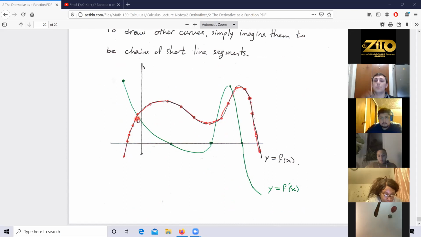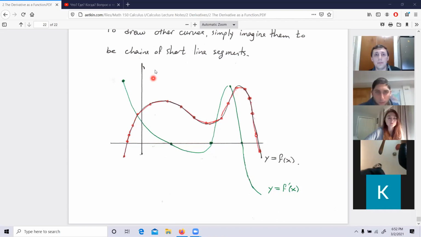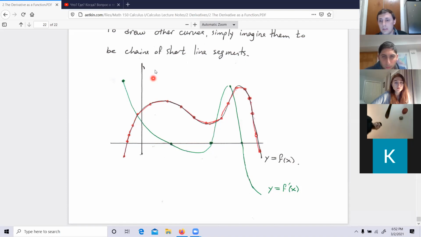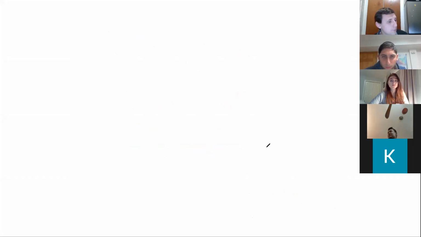You can imagine it's built of many microscopic line segments, and you can measure the slopes for those microscopic segments and plot those points and connect them. Yes? So that's what you can do. So let me maybe draw something new, just in case. Here it is, guys. Look at it. Suppose that this is my picture.